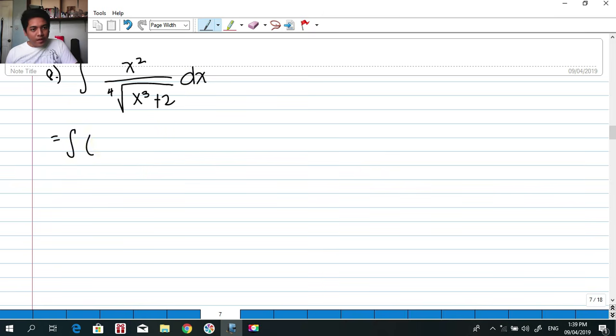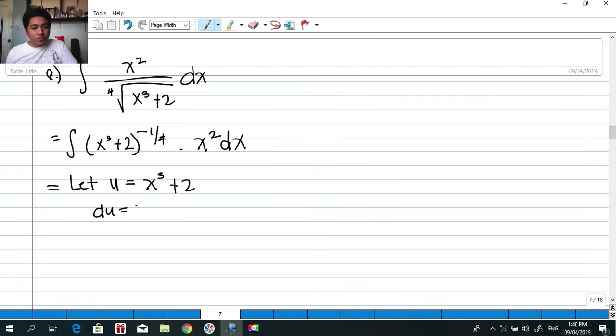So we have x cubed plus 2 raised to negative 1/4 times the x squared dx. So what will happen is that if we let u equal x cubed plus 2, we have du, which is equivalent to 3x squared dx. So we have an x squared dx here.